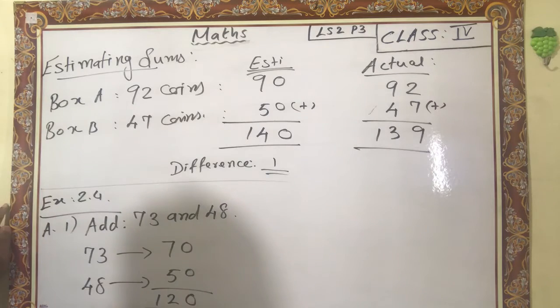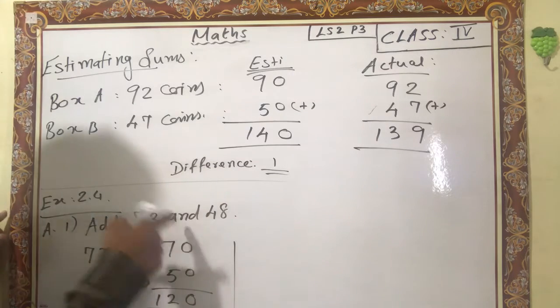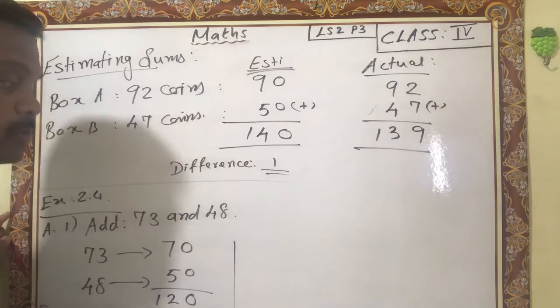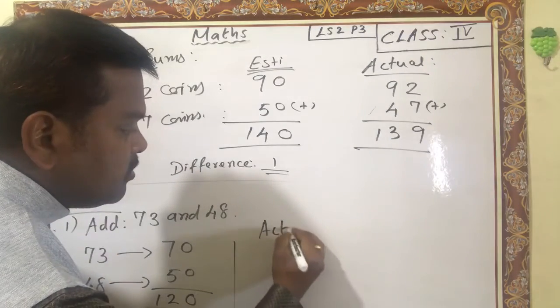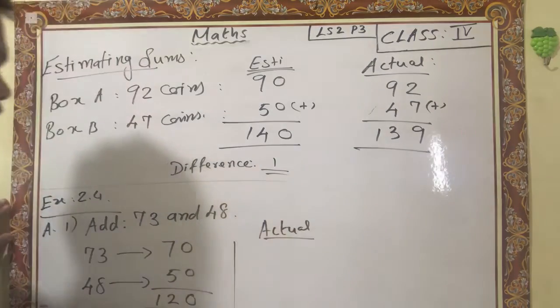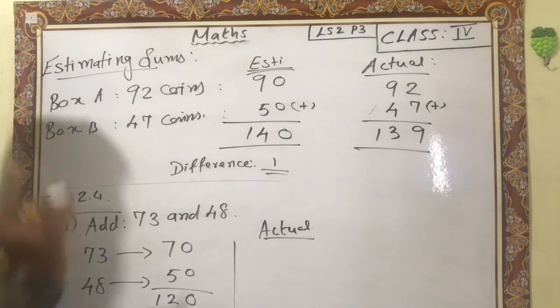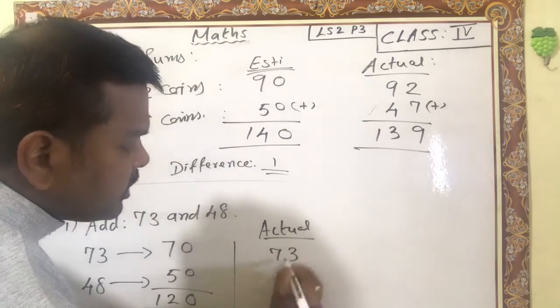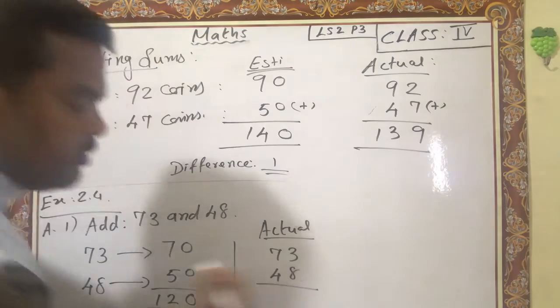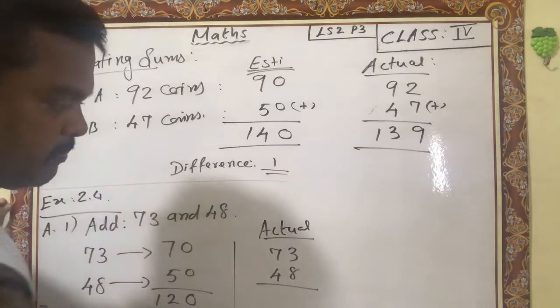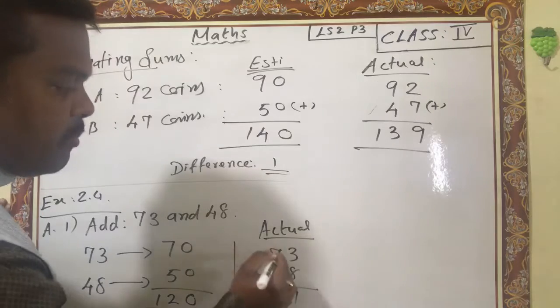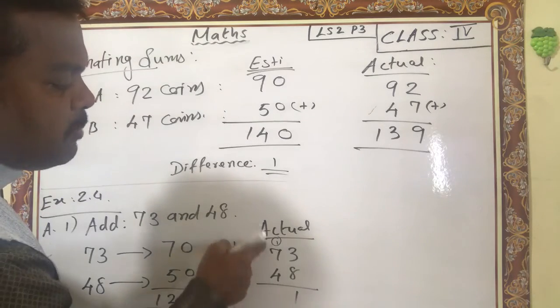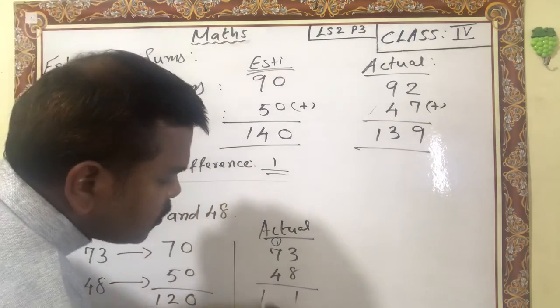This is the estimated sum. Next you have to find the actual sum also. Actual sum, 73 plus 48. 8 plus 3, 11. Balance 1. 7 plus 1, 8. 8 plus 4, 12.